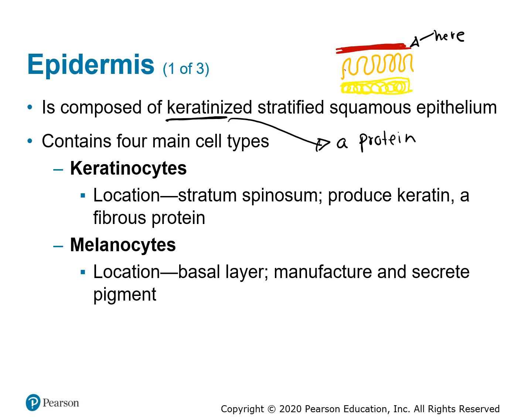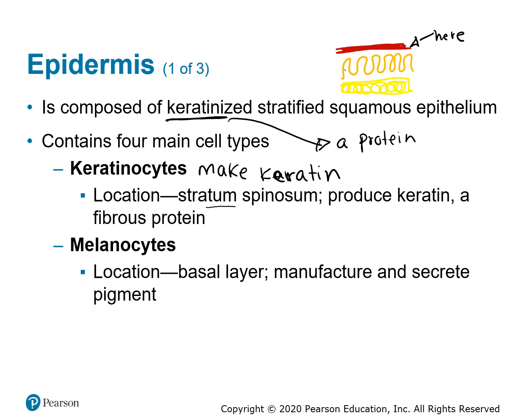Our epidermis has 4 main cell types. One of those is the keratinocytes. Guess what they make? Keratin. Yeah, they make keratin. Okay, so like I said, keratinocytes make keratin. They're found in the stratum spinosum.